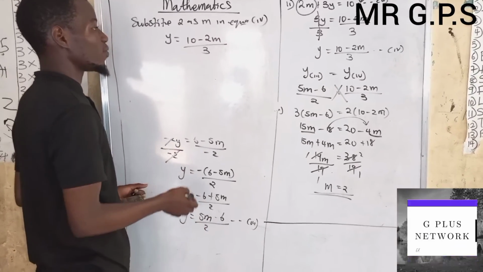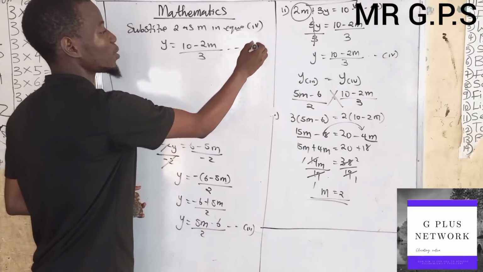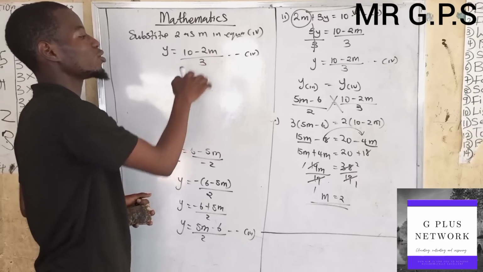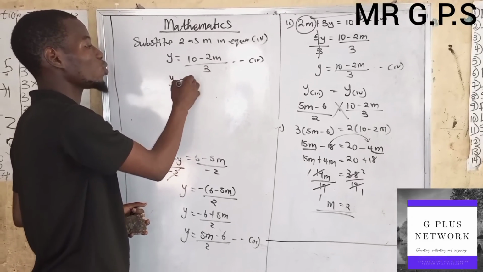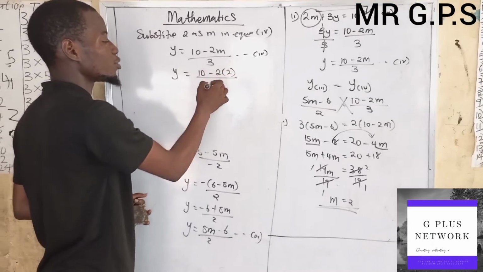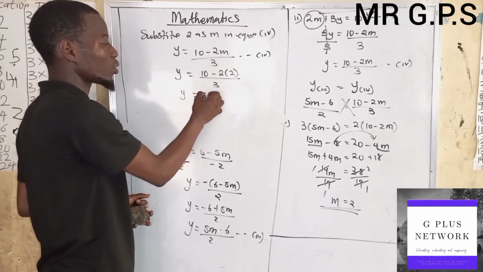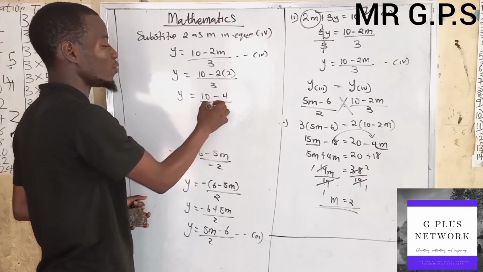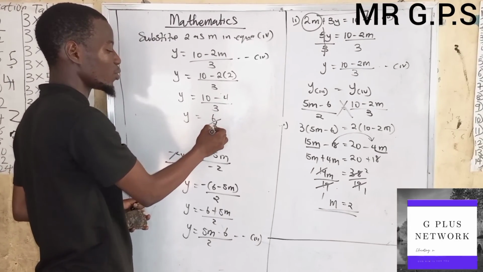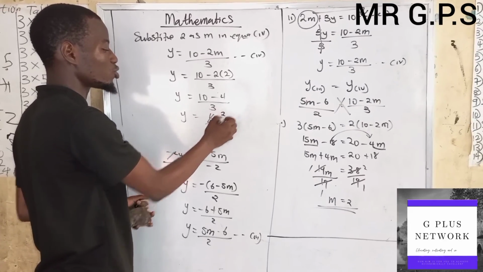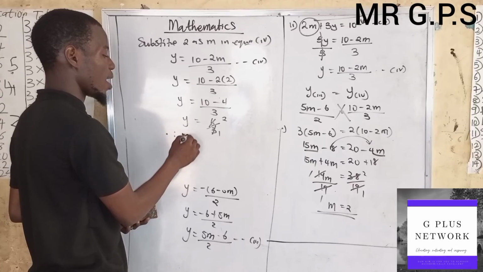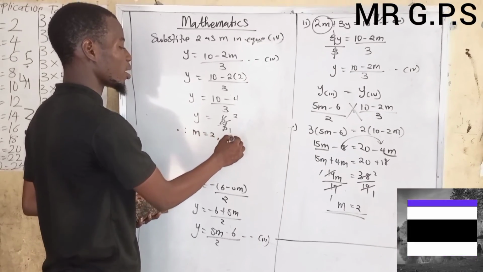What we need to do is substitute the value: anywhere we see m here, we put 2. So it becomes y equals 10 minus 2 in bracket of 2 all over 3. Now y equals 10 minus 4 all over 3. Then y equals 6 all over 3. 3 here, 1; 3 here, 2. Therefore, our m equals 2 and our y equals 2.